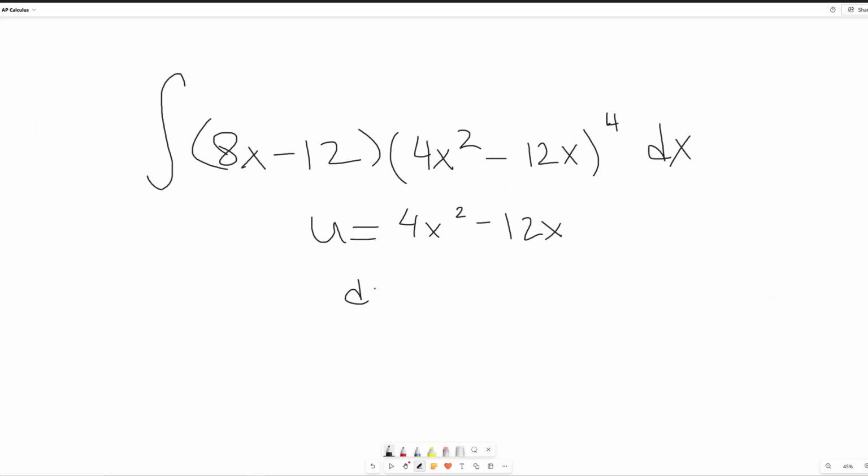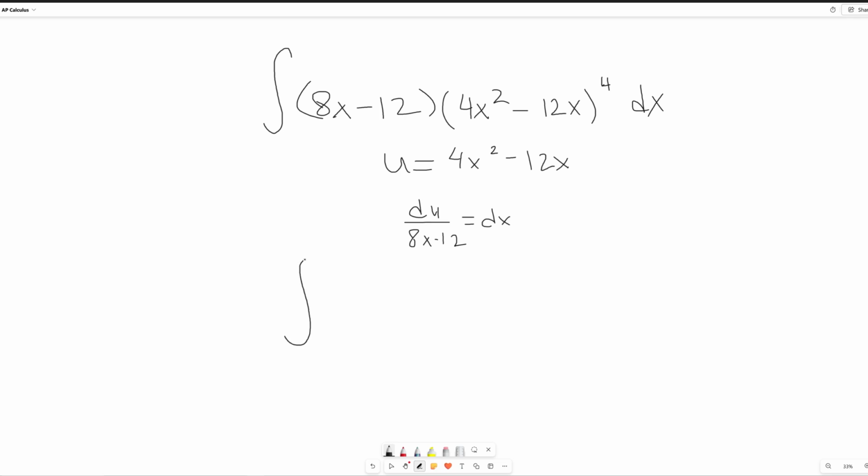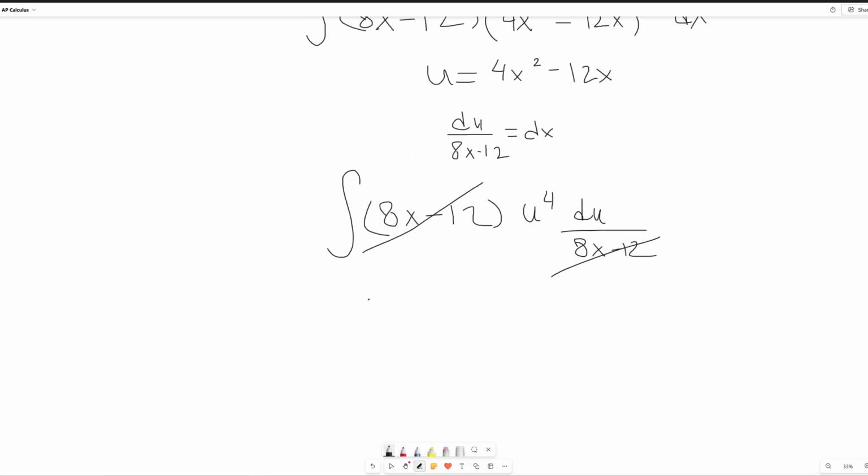So we can say du over, what's the derivative of 4x squared minus 12x? 8x minus 12 equals dx. And would you look at that, that's just this. So now we have 8x minus 12 over here. And then we times it by u to the fourth, du over 8x minus 12. Now this and this completely cancel out.